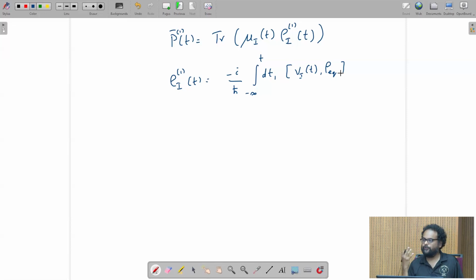Remember, what we are trying to do is get a form for our response, the impulse response function. That's what we are hoping to get.